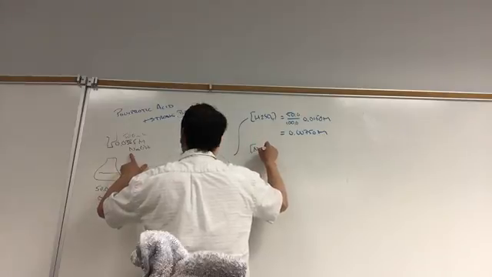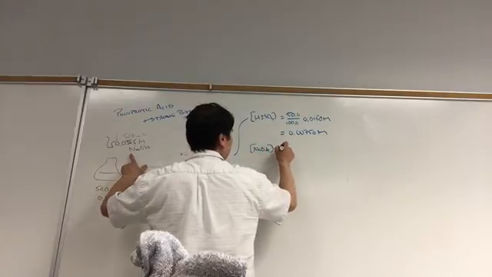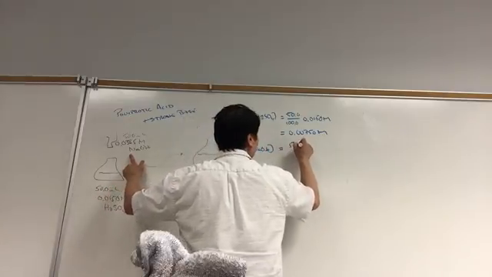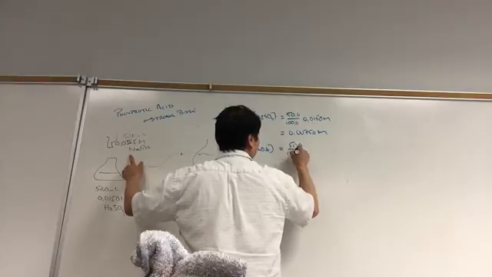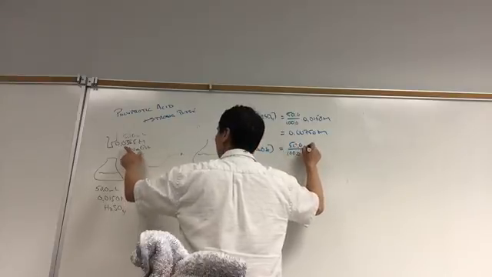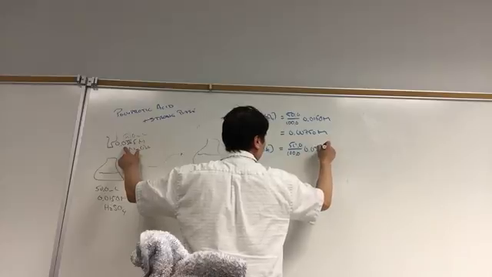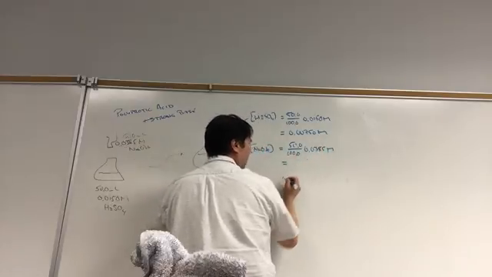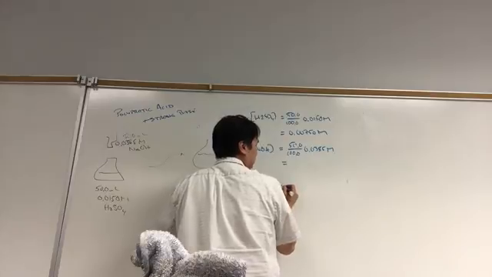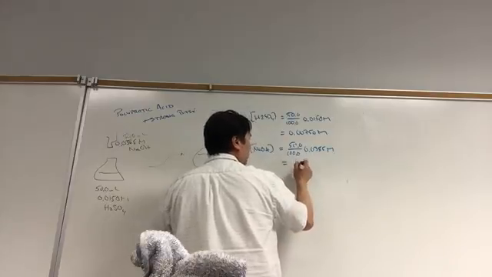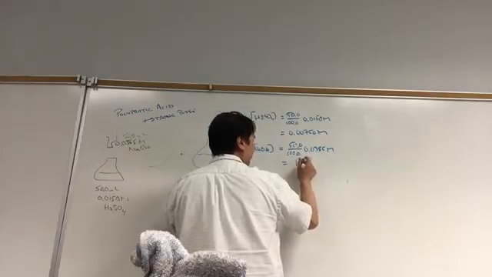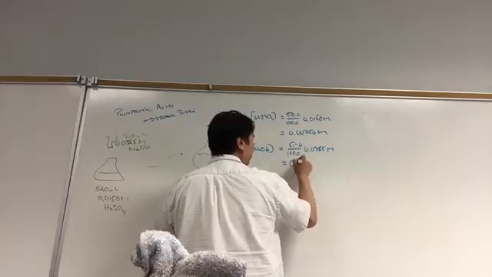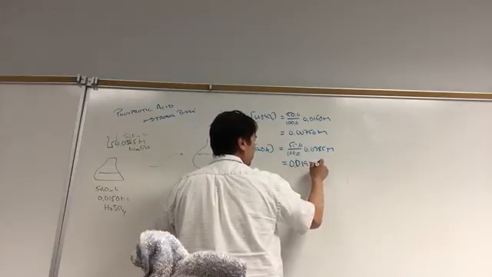And then the NaOH isn't going to be as easy because the number's not as clean. So what's half of 385? 192.5? Yeah. 0.01925. Yep.